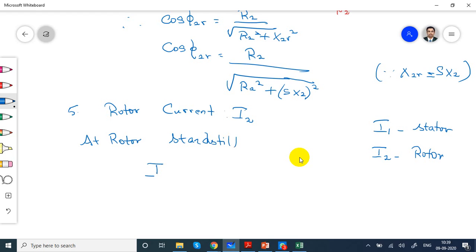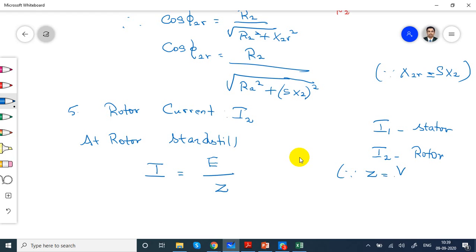The basic current equation: current I equal to the ratio of EMF divided by impedance, because this basic equation we already studied in basic electrical engineering.